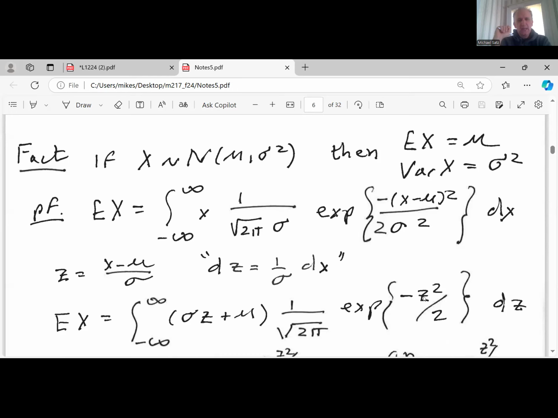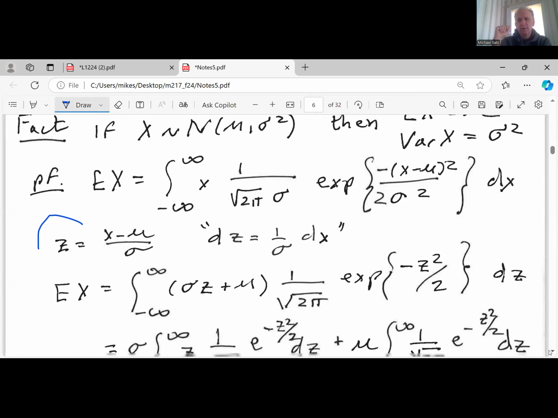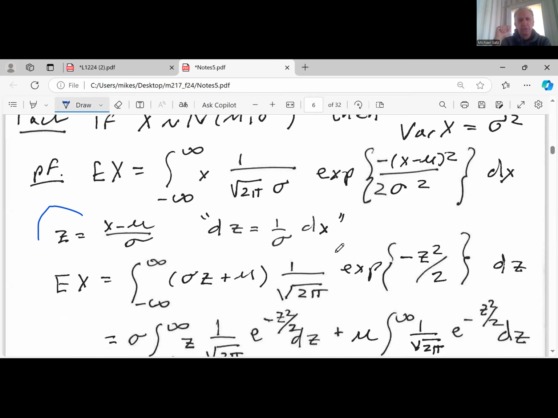So make the classic substitution here, which will simplify everything, by letting a new variable z be (x minus mu) over sigma. And then dz, you get the chain rule again, so you get 1 over sigma dx.